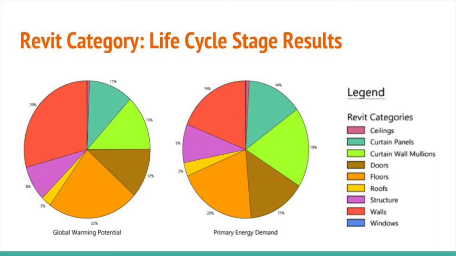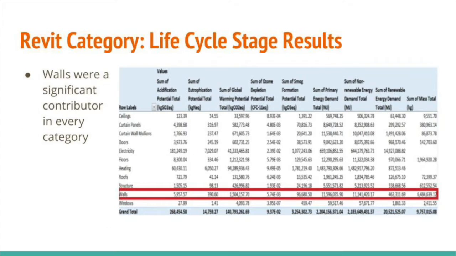That red represents walls, which seems to hold the biggest impact over all the other categories. It's also exemplified in slide 17, which shows in this table that walls hold most impact for the majority of these categories, especially mass, once again.